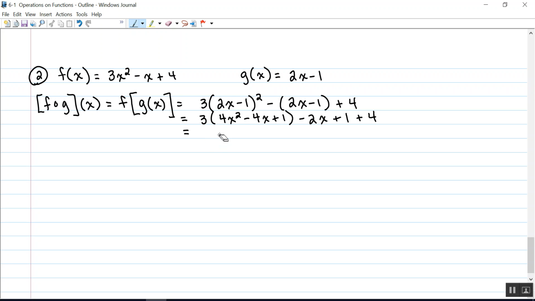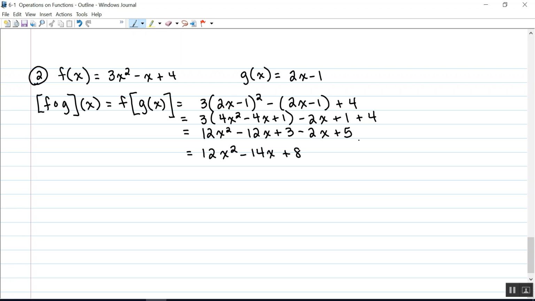It's going to be 12x squared minus 12x plus 3 minus 2x plus 5, for a final answer of 12x squared minus 14x plus 8.